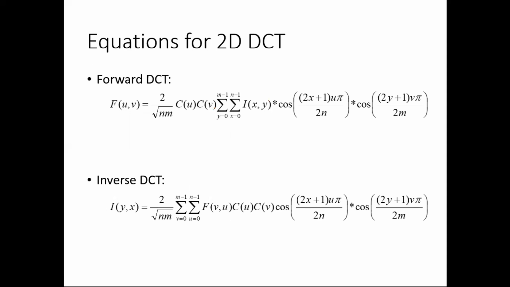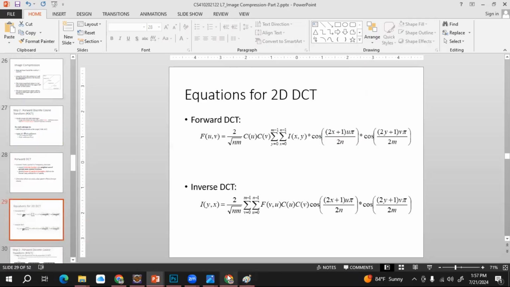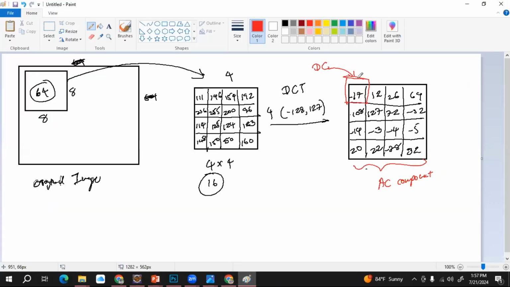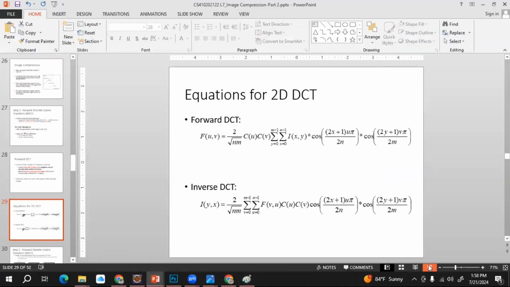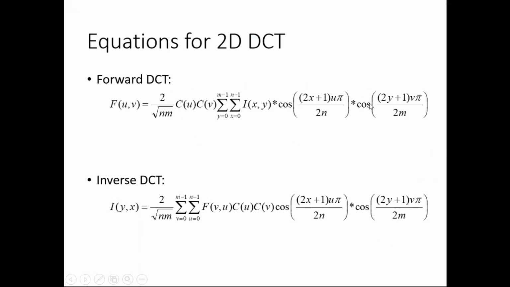We can apply the forward discrete transformation, the first equation for this. For this result, one by one, taking row wise and column wise, we apply this equation, right? In this course, we are not using this equation to calculate the values.